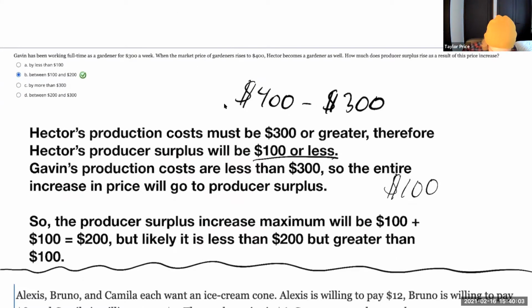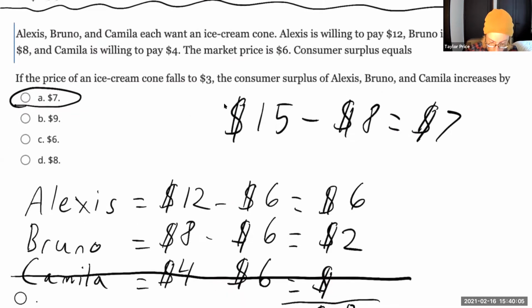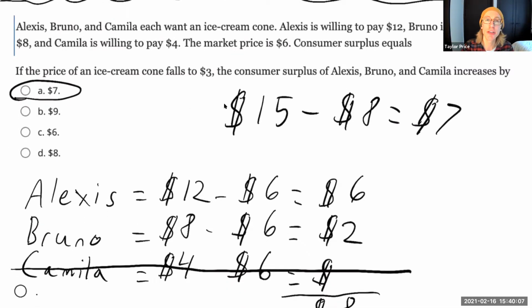Okay, so let's move to the next question. The next question was also from the homework for chapter 7. There are 3 people who want to eat an ice cream cone. One person's willing to pay 12, one is willing to pay 8, one is willing to pay 4.